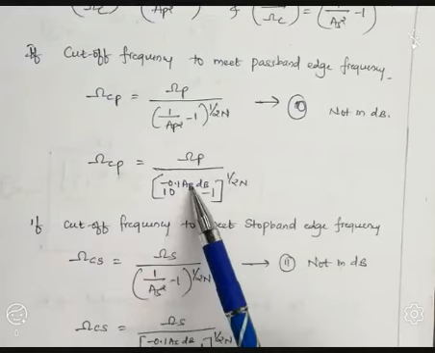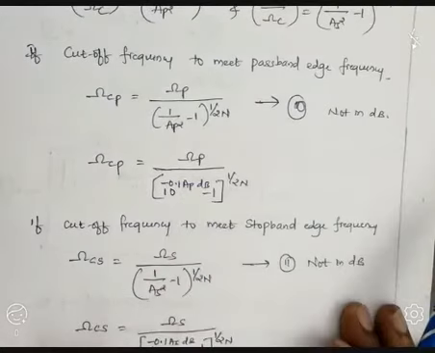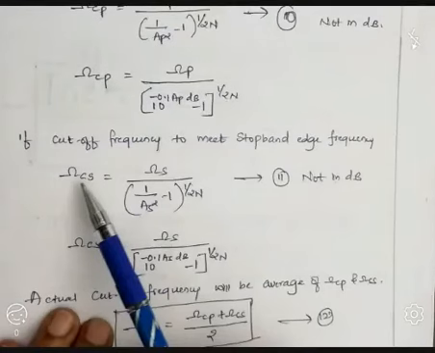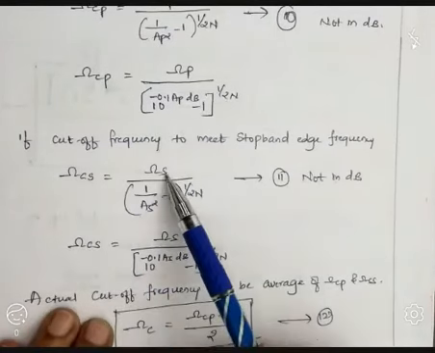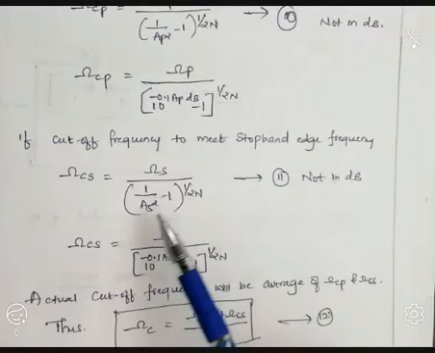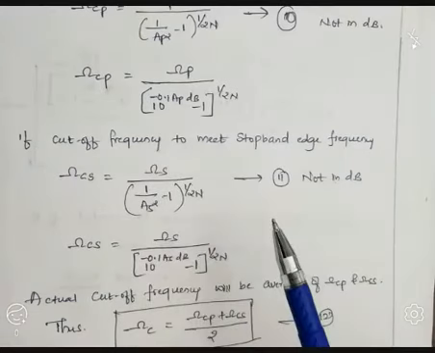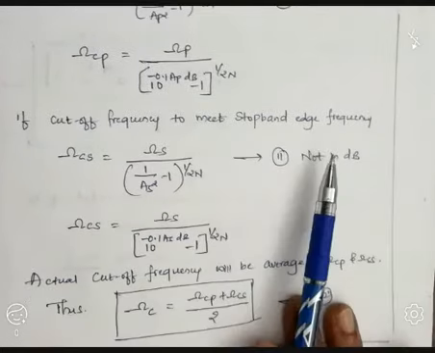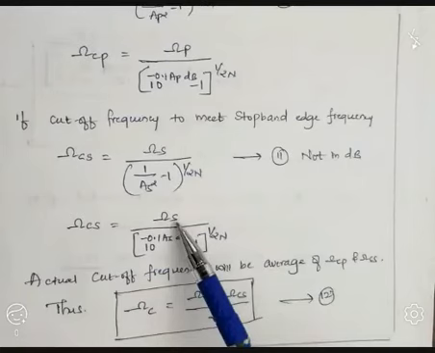Similarly, if the cutoff frequency meets the stopband edge frequency, then we can write omega cs equal to omega s divided by 1 by A square minus 1 whole to the power 1 by 2n. This equation holds good when the values are not given in decibel. If values are expressed in decibel, then omega cs equal to omega s divided by 10 to the power minus 0.1 AS in dB minus 1, whole power 1 by 2n.